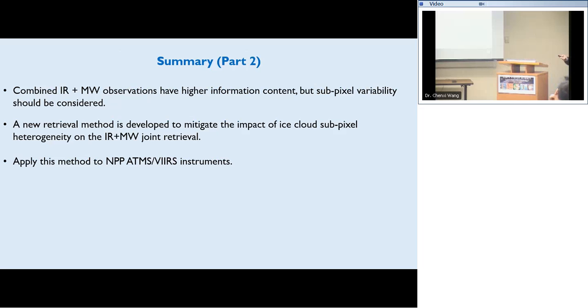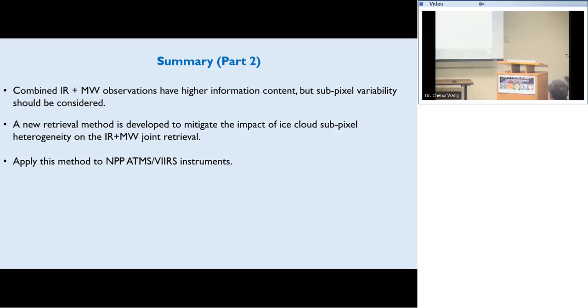Okay, as a summary, we have developed the joint infrared and microwave retrieval to retrieve ice cloud optical thickness, ice water path, and cloud top height. And we developed a new IWP beam method to handle the subpixel variability as I talked about before.